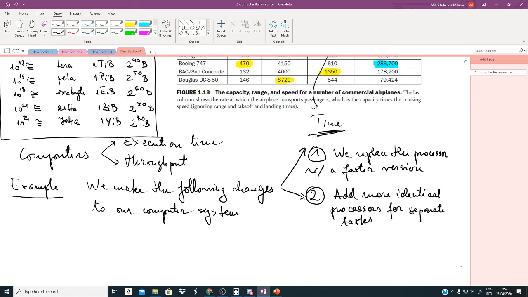For the first one, the answer is obvious. If you replace the processor with a faster version, obviously you improve the execution time, but you also improve the throughput.